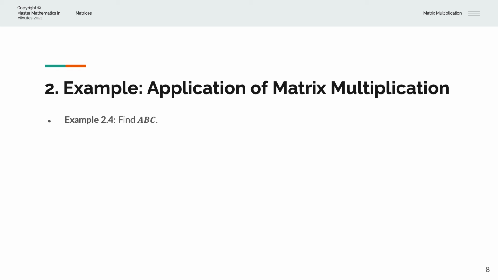In the fourth example, we're asked to find ABC. So we're multiplying 3 matrices together. Matrix A and matrix B are identical to the previous example, and matrix C is the new matrix here.